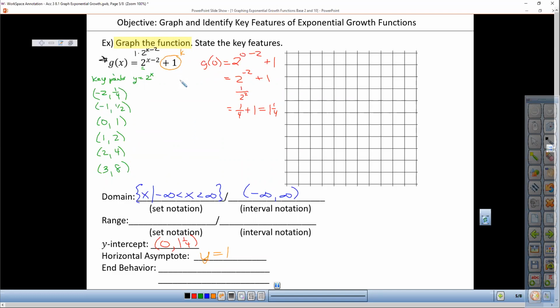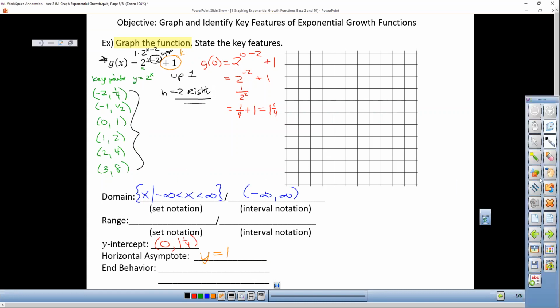So we have our k value. We know with our k value that means we're going to go up 1 unit with all of our points. And then the opposite, remember, of that -2 there, that gives us h. So our h is a +2, which means that all of our points are also going to move to the right 2 units. All right, so those are my only transformations that I'm going to do on my key points, up 1 and right 2.